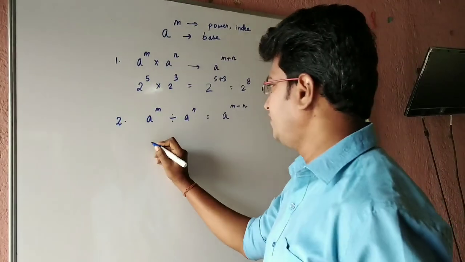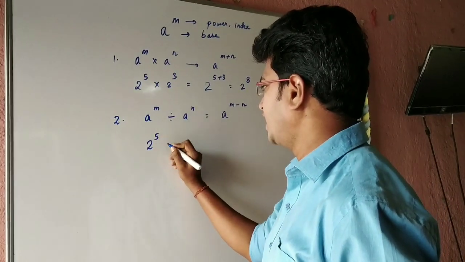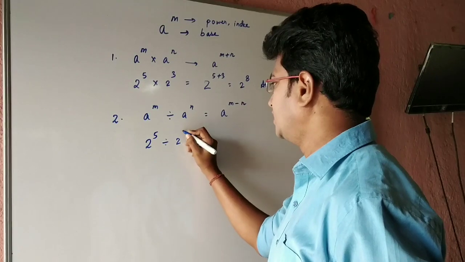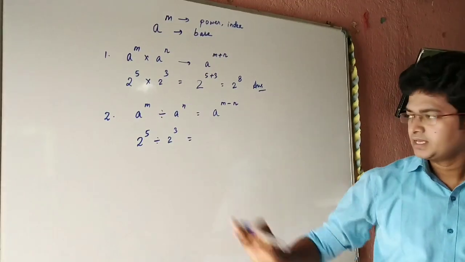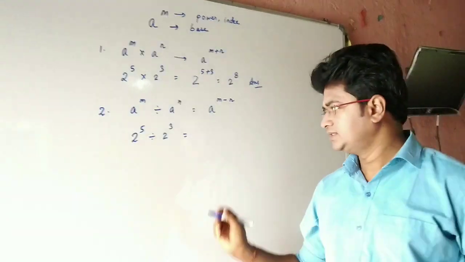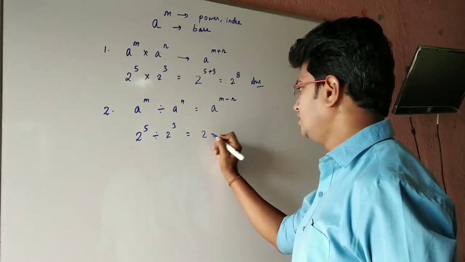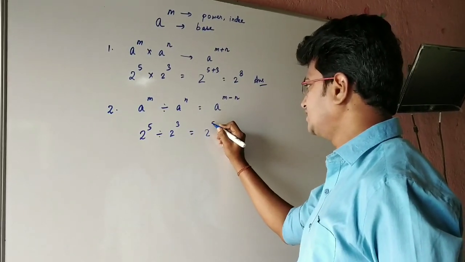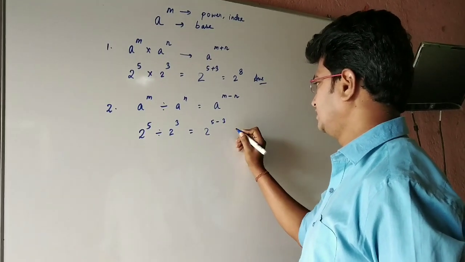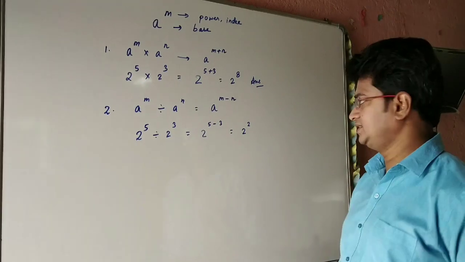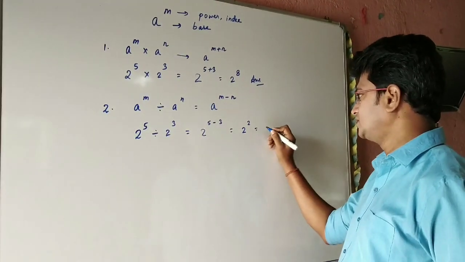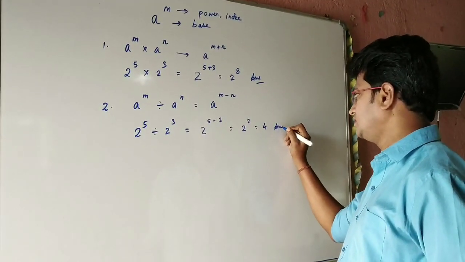Same example, if we take 2 to the power 5 divided by 2 to the power 3. Since the base is the same and it is in division, the base remains 2, and the power is 5 minus 3. So the power becomes 2. 2 to the power 2 is 4. This becomes the answer.